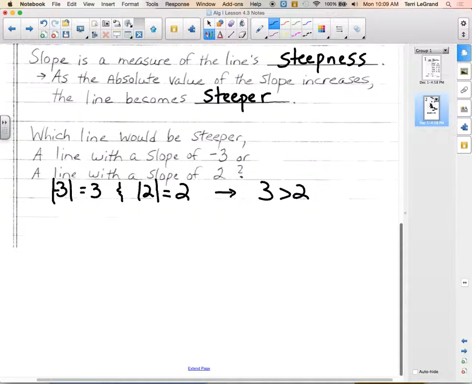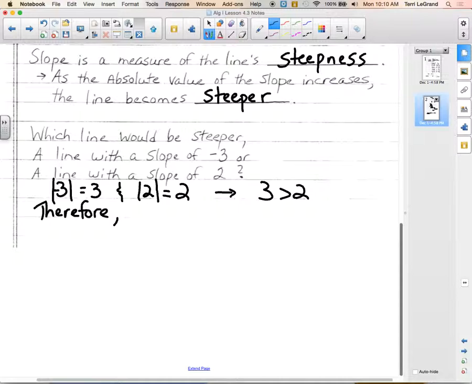So let's write this out in our notes. Therefore, the absolute value of -3 is 3. The absolute value of 2 is 2. 3 is greater than 2. It says, as the absolute value of slope increases, the line becomes steeper.